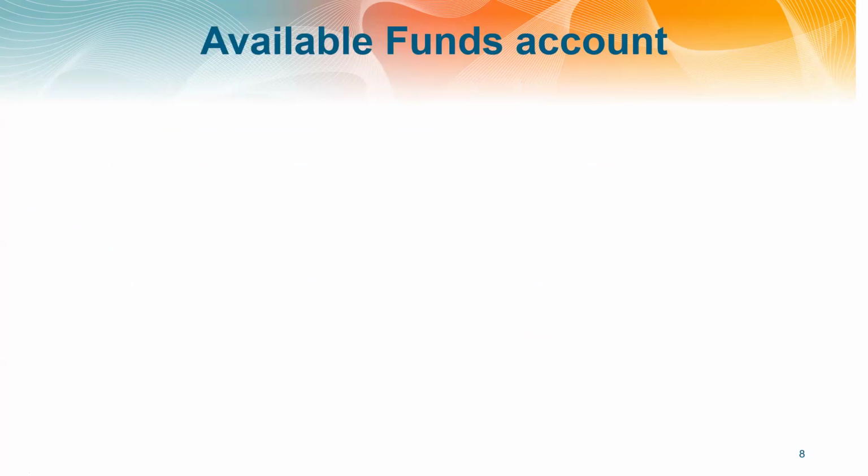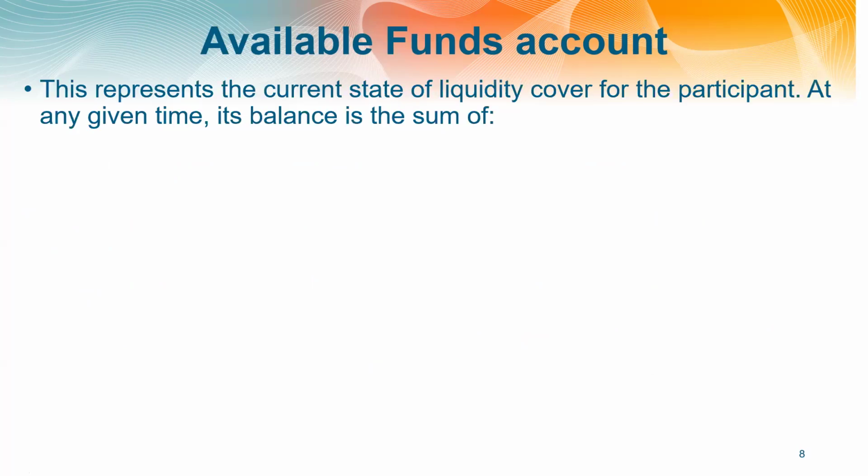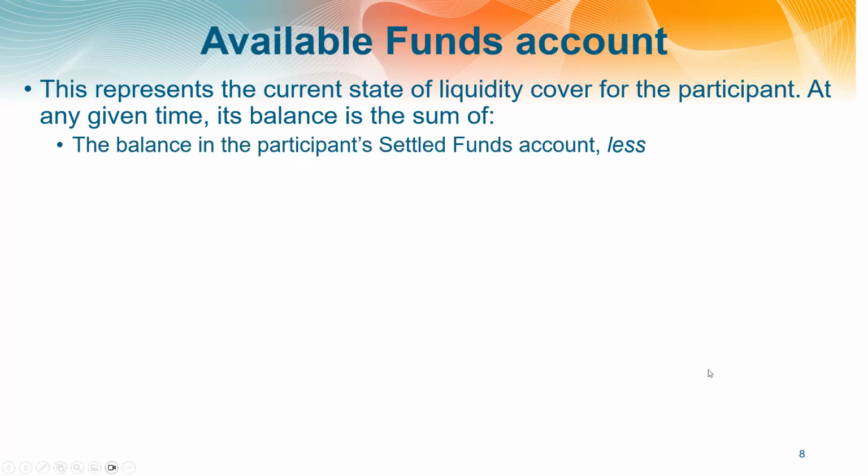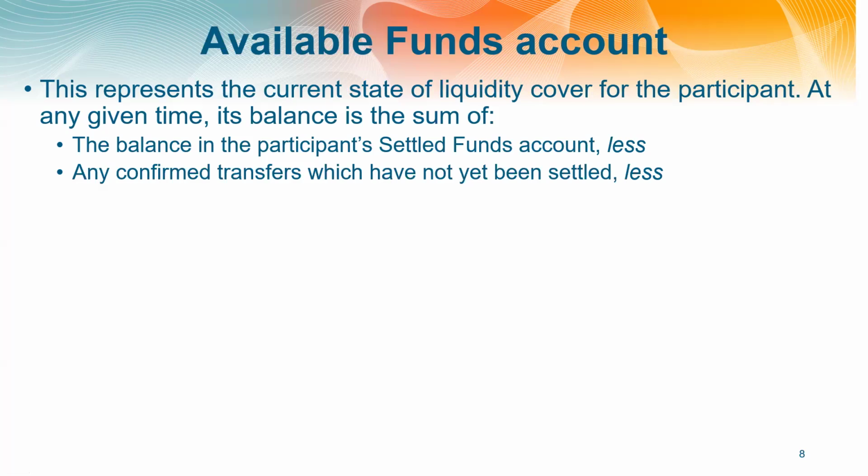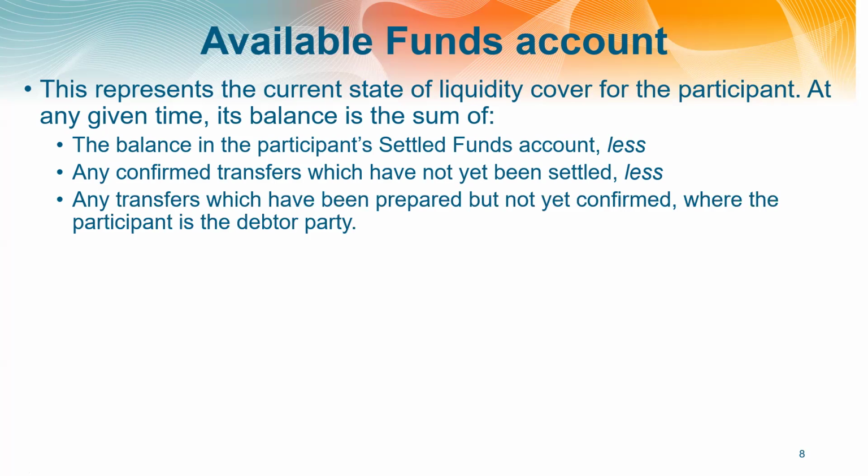Next, the available funds account, and this represents the current state of liquidity cover for the participant. At any given moment, its balance is the sum of the balance in the settled funds account, less any confirmed transfers which have not yet been settled, less any transfers that have been prepared but not yet confirmed where the participant is the debtor party.